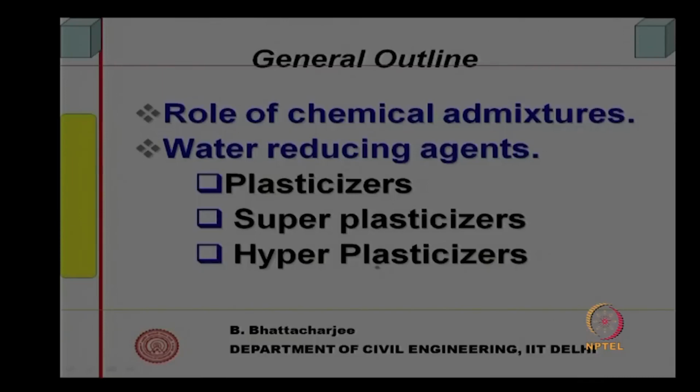The nomenclatures of course vary. Some people call them plasticizers, superplasticizers and hyperplasticizers. Some other people call them water reducing agent, high range water reducing agent and very high range water reducing agent. So, our discussion should be focused towards that today, right.